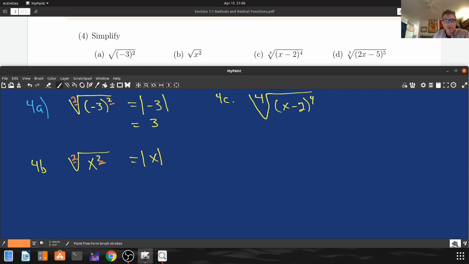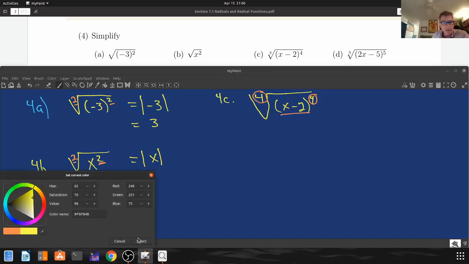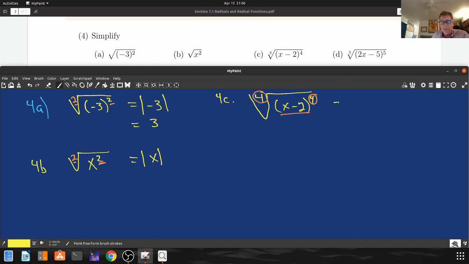So the expression under the radical is raised to the same power as the index. So I just use my rule. I don't have to do anything other than simply say it's the absolute value of x minus 2. Why the absolute value? Because the index is even.